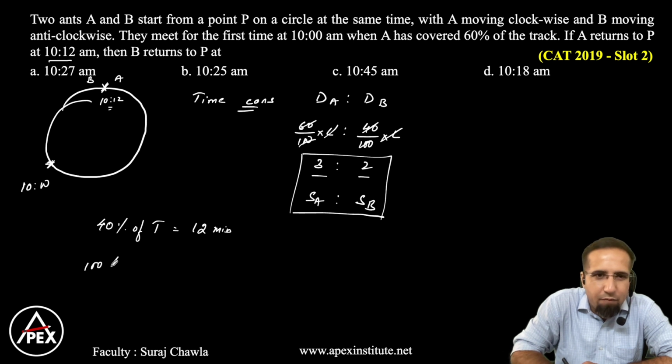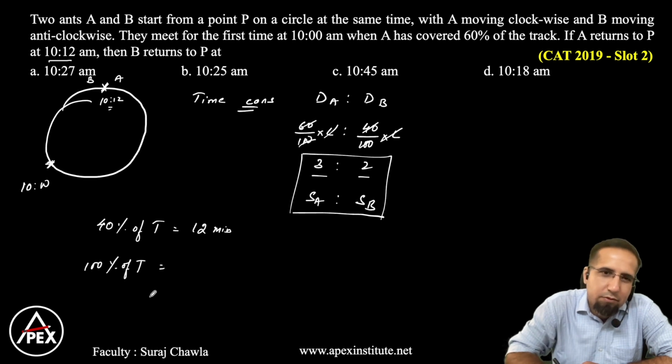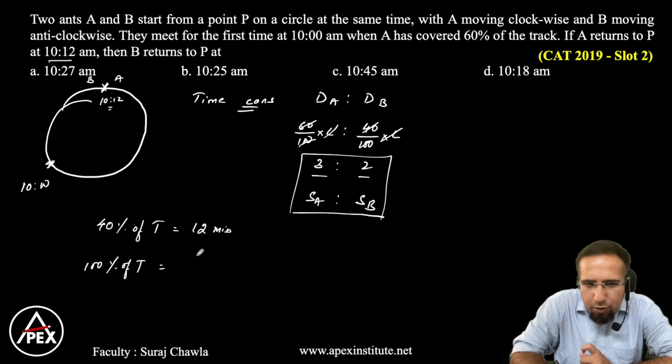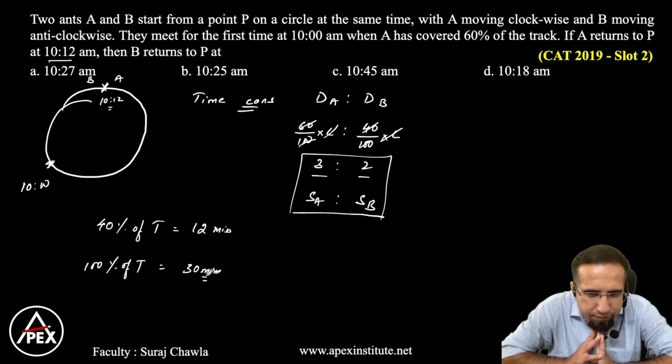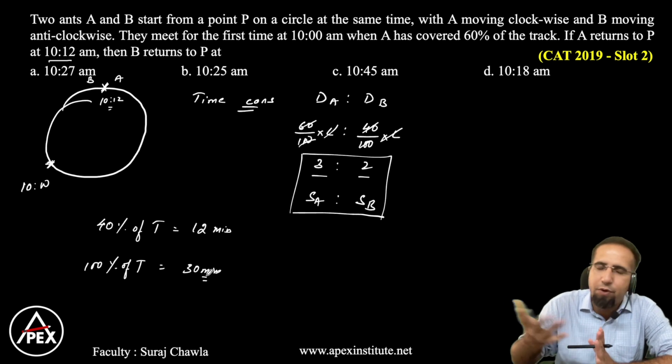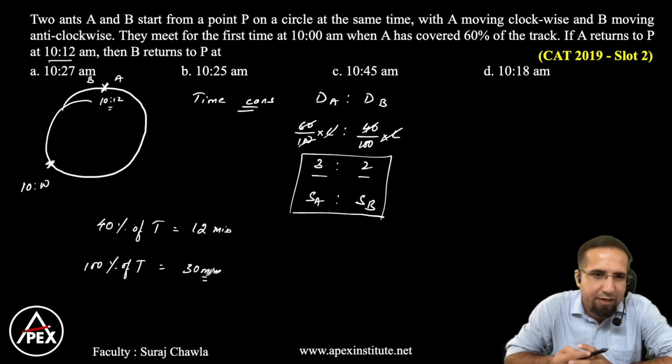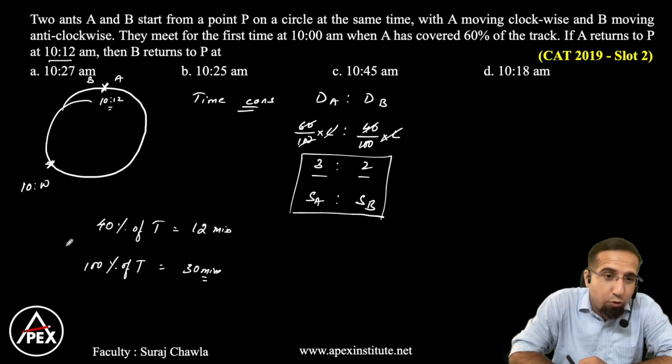That means A will cover 100% of the track in how much time? 100% of the track A will cover in 12 plus 12 plus 6, that is 30 minutes, right? 40% plus 40% plus 20%, that is 12 plus 12 plus 6, that is 30 minutes. This is the time taken by A to cover one complete track.